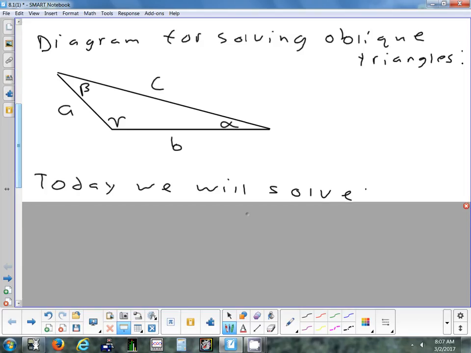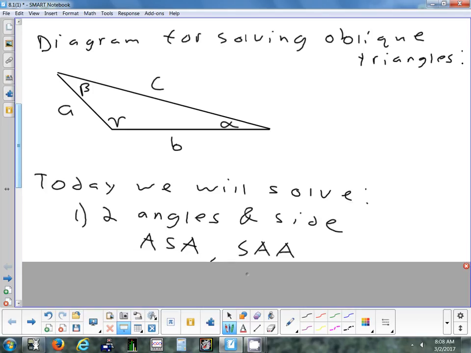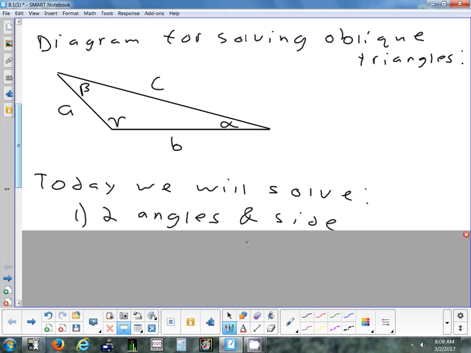All right, so there's three types of problems we're going to look at today. When you're solving a triangle, they always have to give you three pieces of information. There's 6 total: 3 sides, 3 angles. One way I could give you information to solve is I could give you 2 angles and a side.